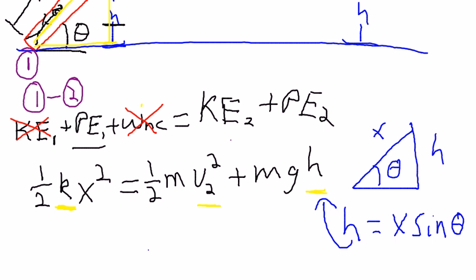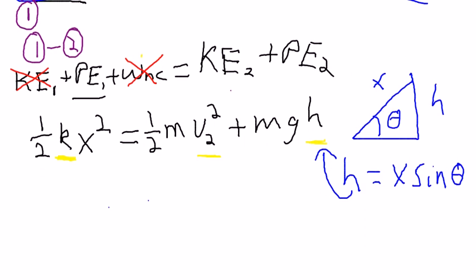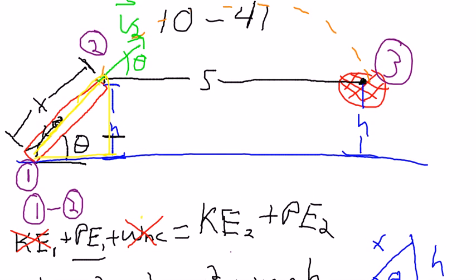Alright, that's good. And then the next thing you need to do is try to figure out the velocity at point 2. That is trickier to do. In order to do that, we're going to have to consider what happens in his transition from point 2 to point 3. Looking at point 2 to point 3, all we're given about that transition is his horizontal distance that I've labeled here as s.